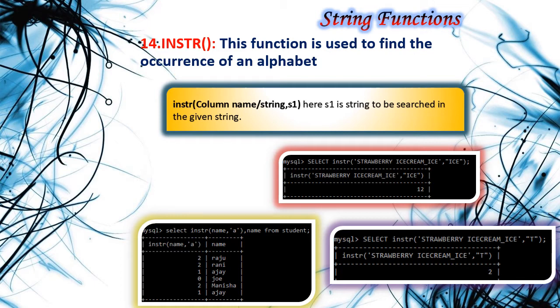In Raju, A is in the second position, and Rani also has A in the second position, so 2 is printed. In Ajay, A is the first letter, so it's printed as 1. In Joe there is no A letter, so it returns 0. In Manisha there are 2 A's, but only the first occurrence position is displayed, 2. And of course in Ajay, A is in the first place, so 1 is printed.